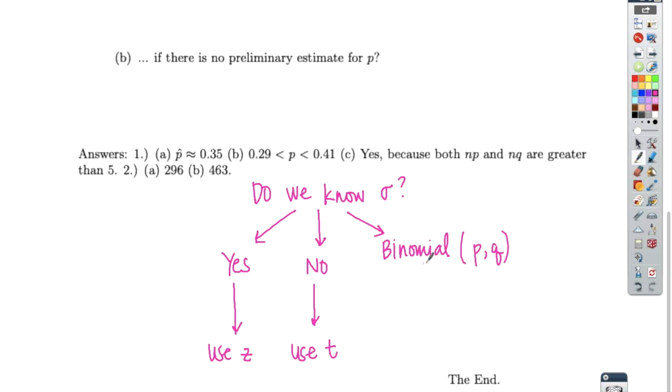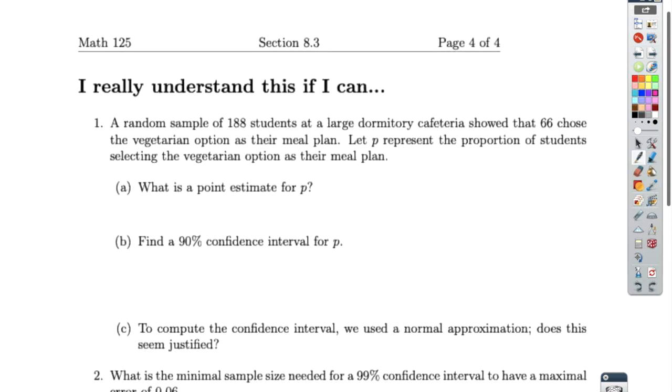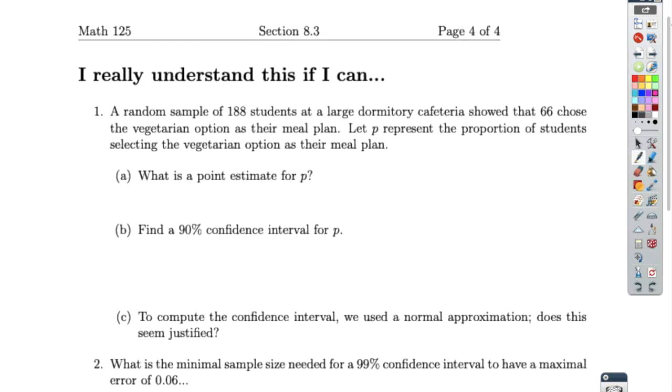If it is a binomial trial, then you're going to go right back to using z. So no student's t distribution in this situation at all. The only time you use the student's t distribution is on this branch. Do we know sigma? If the answer is no, then you use t. But if you do know it, or if it's a binomial distribution, you're going to use z. Okay, so pause your video at this point and try the I Really Understand This questions, and I'll go over them momentarily.